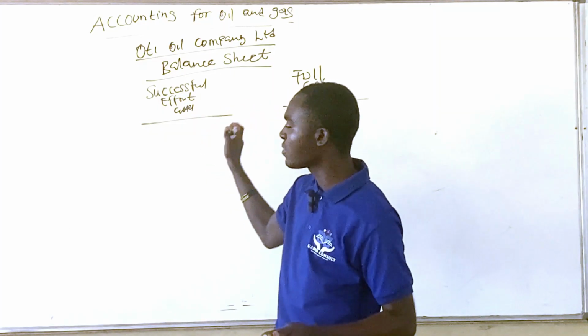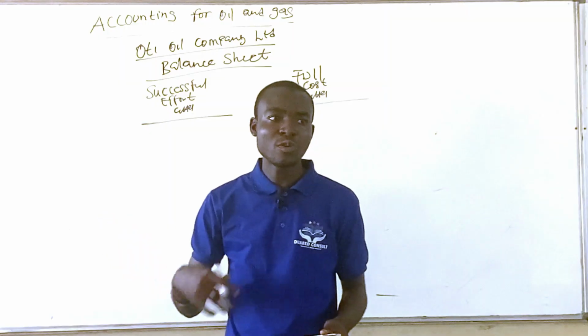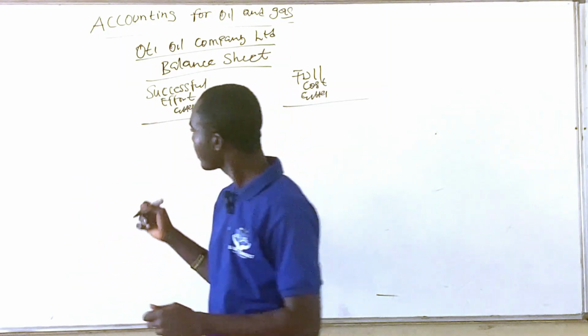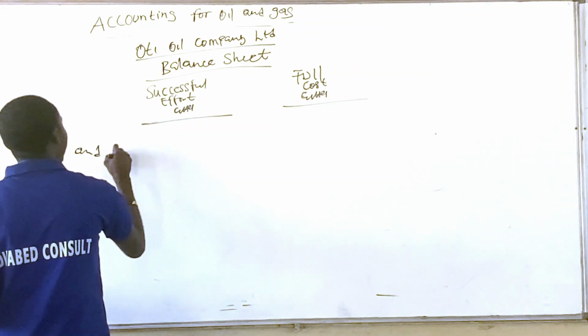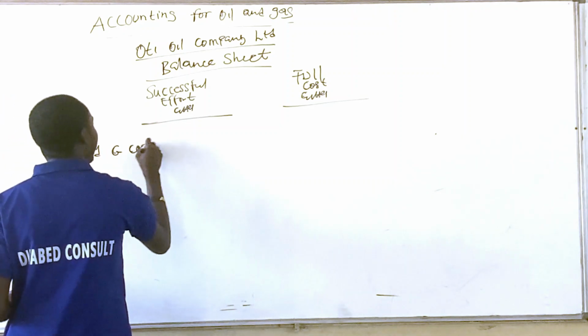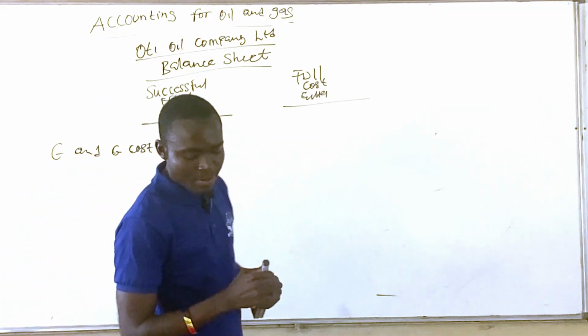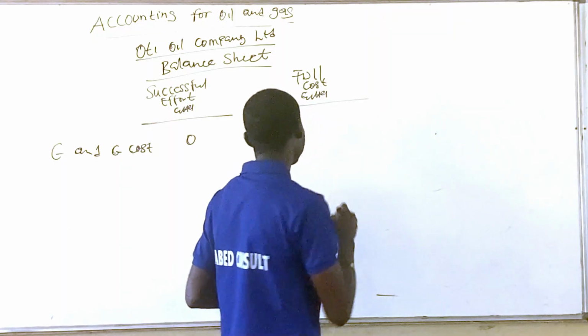But under full cost method, it was capitalized, so it must be recorded. And then the amount for D&A cost is 113,100.